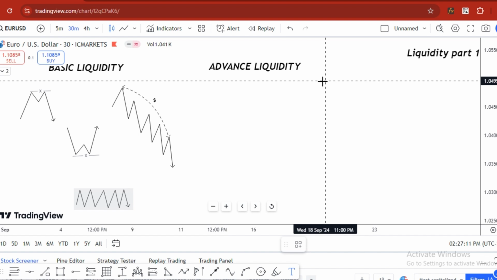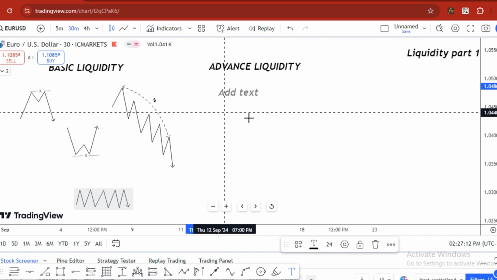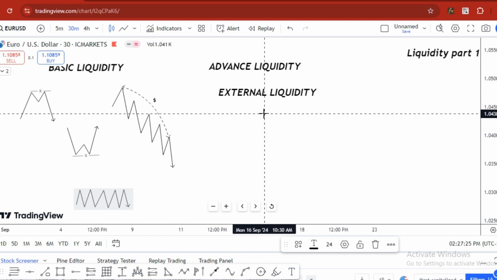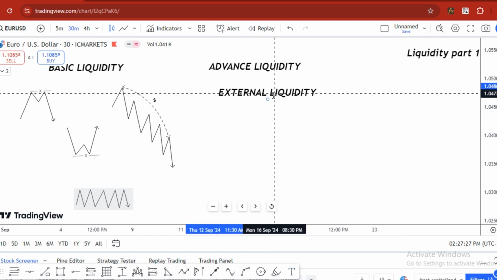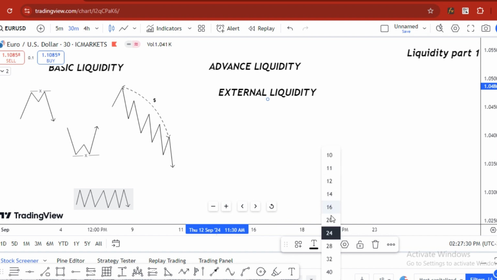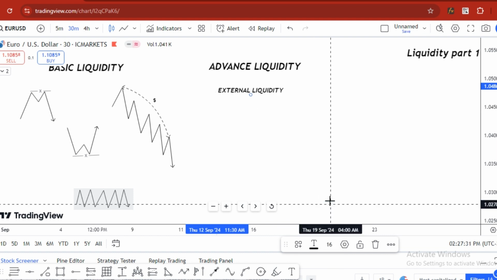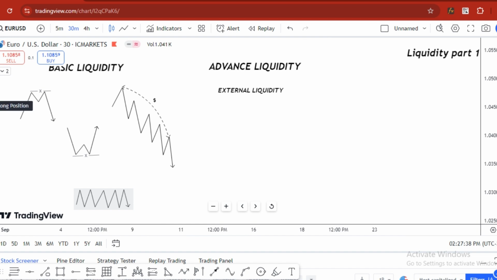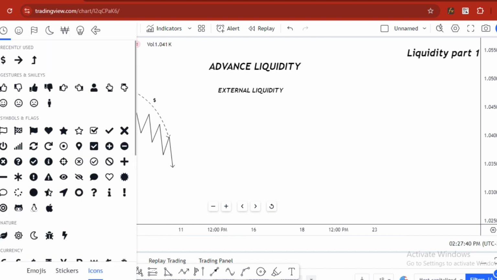Now, under the advanced liquidity, we have the external liquidity, and then we also have, let me make this small, and then we also have the internal liquidity.